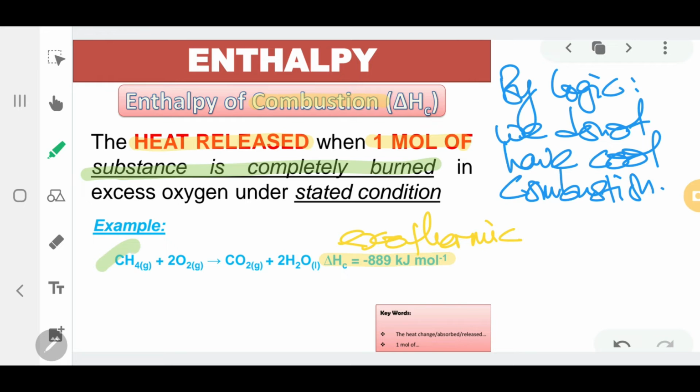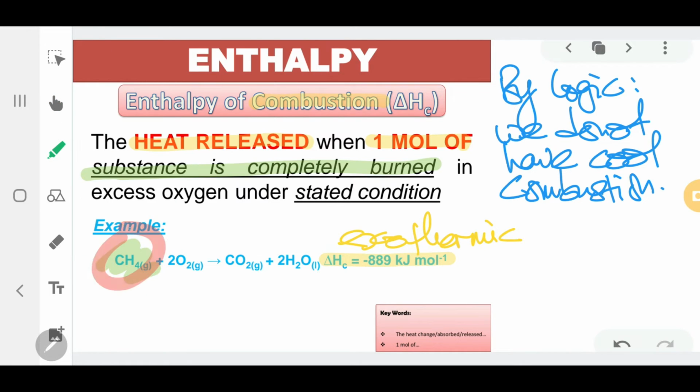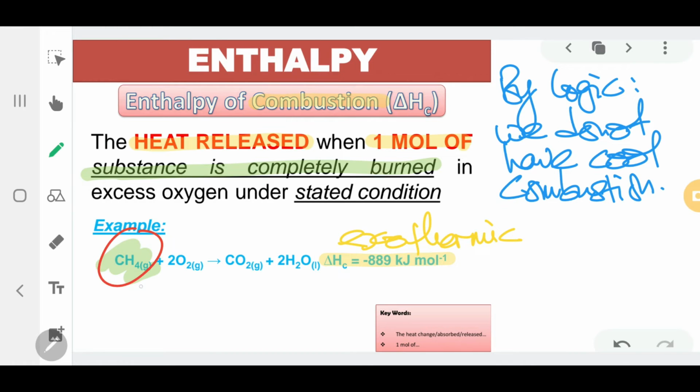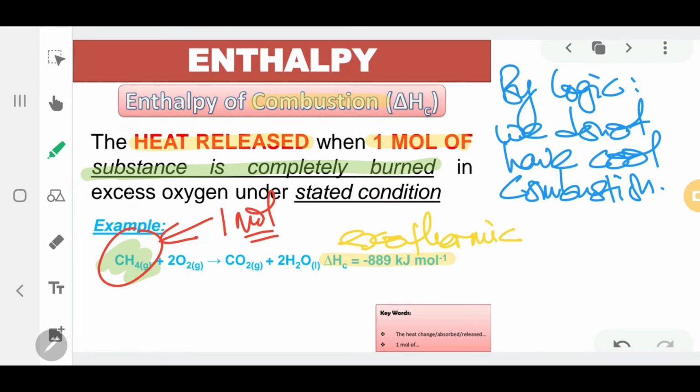So whatever is being burned needs to be kept at 1 mole. And it's very important for you to include the words excess oxygen.